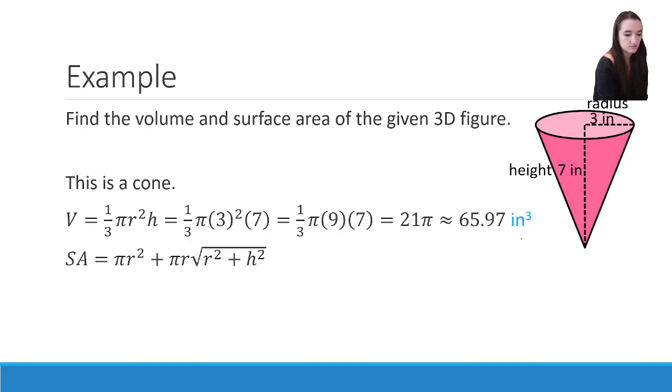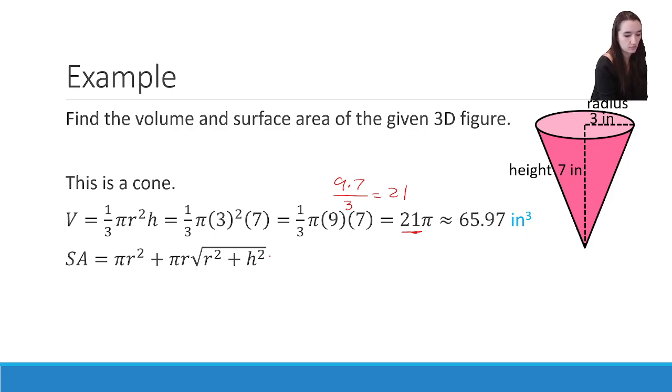So we get 9 times 7 divided by 3, which will end up being 21 pi, right? 9 times 7 over 3 is 21, which, plugging into our calculator, will give us approximately 65.97 cubic inches.